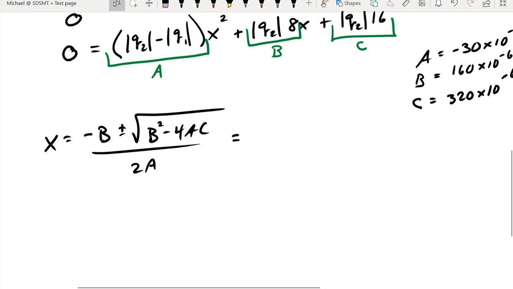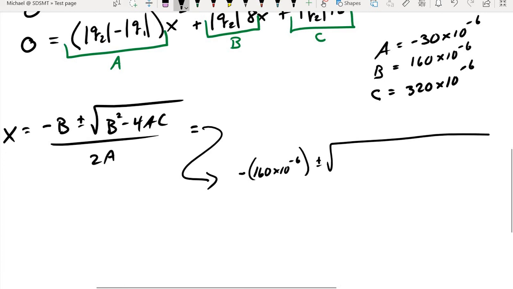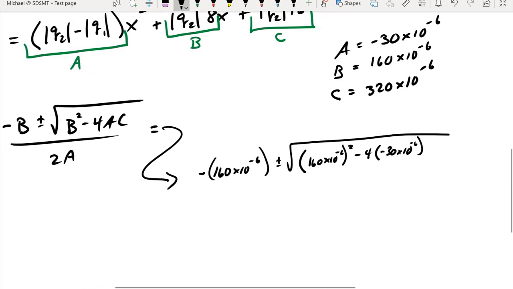So here we go. One step at a time. We have negative b plus or minus the square root of b squared, 160 10 to the minus 6 squared, minus 4 times a, 30 10 to the minus 6 with a negative, times c, 320 10 to the minus 6.